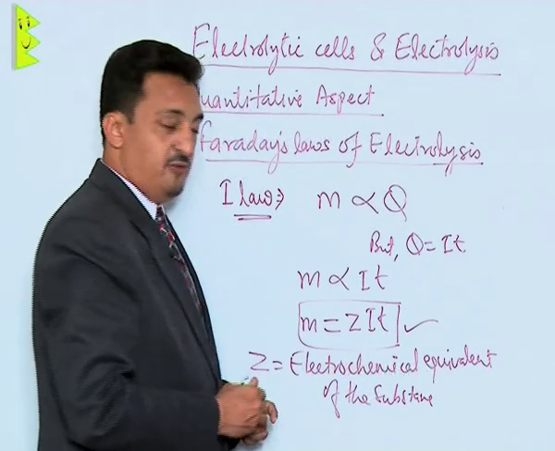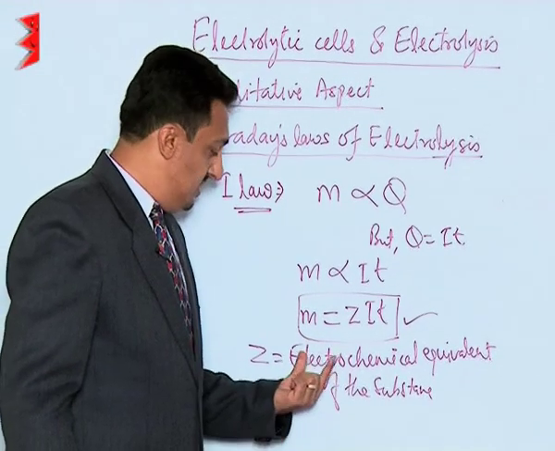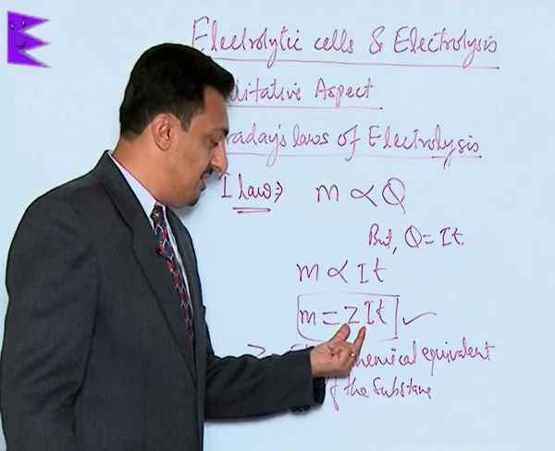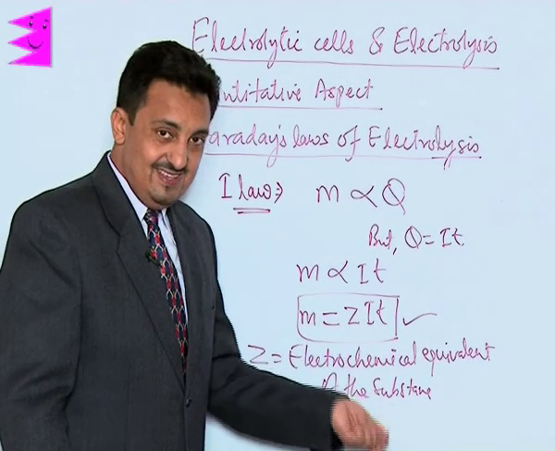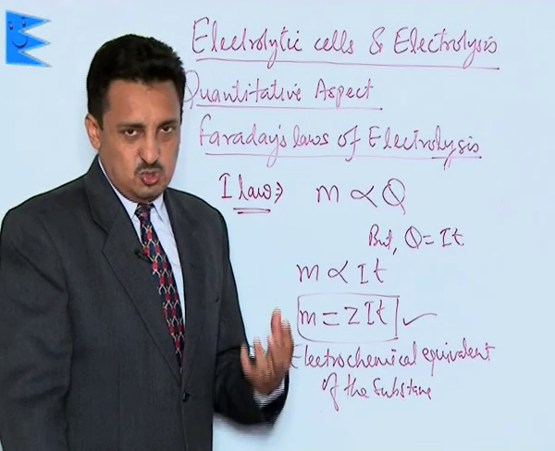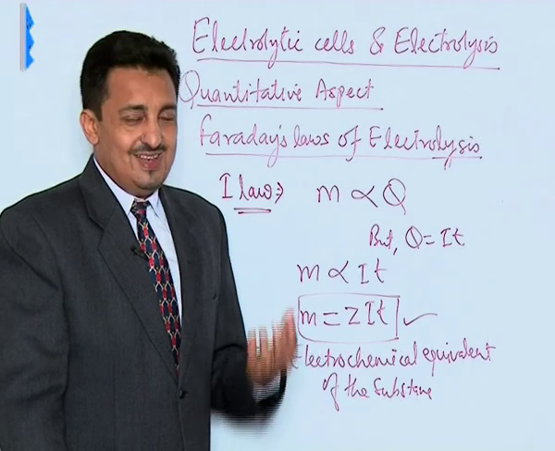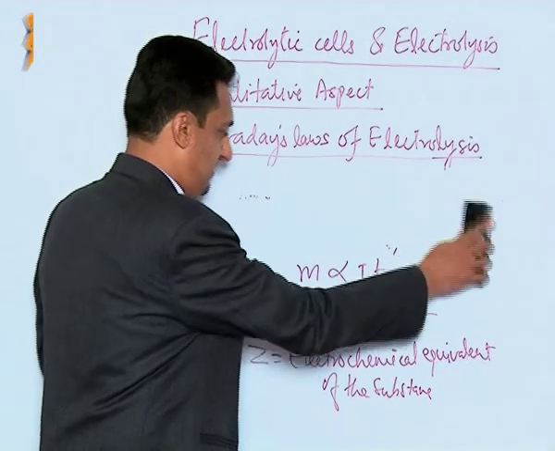So this is what the formula is. The proportionality constant involved is called the electrochemical equivalent, ECE, of the substance. Every substance has its own ECE. Now let us first understand what this Z or ECE is.